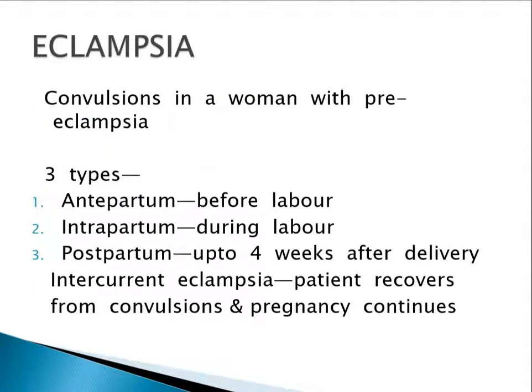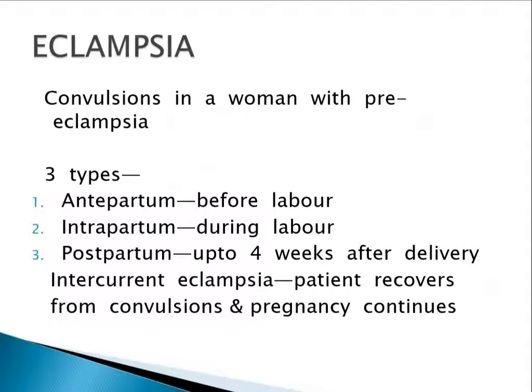Now, eclampsia. Eclampsia is development of convulsions in a woman with preeclampsia. There are three types: antepartum, intrapartum, and postpartum, depending upon when the convulsions have occurred: before labor, during labor, or postpartum. Up to 4 weeks after delivery, convulsions can occur because of eclampsia.